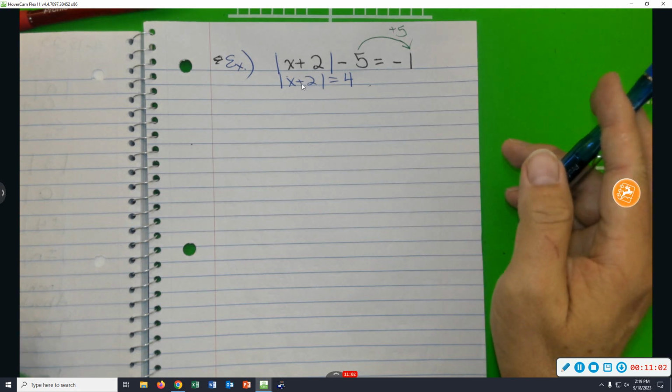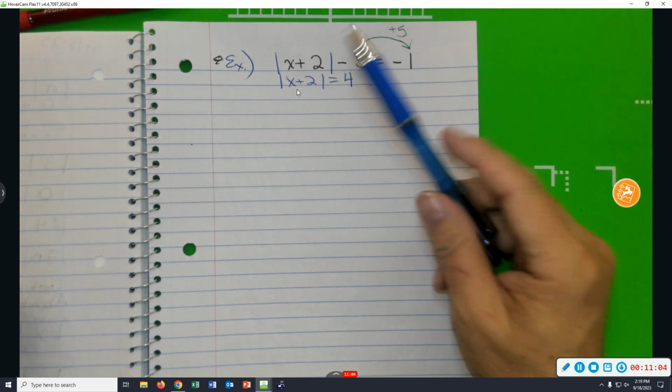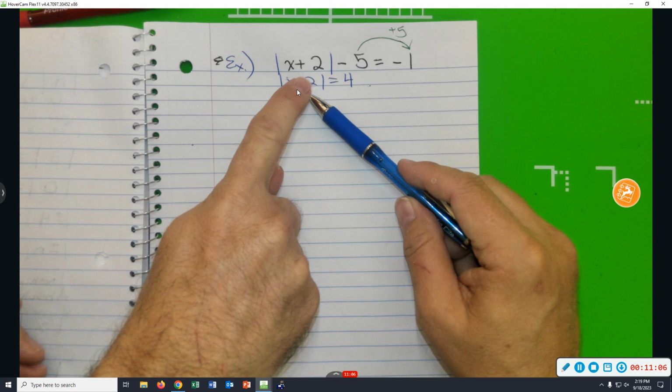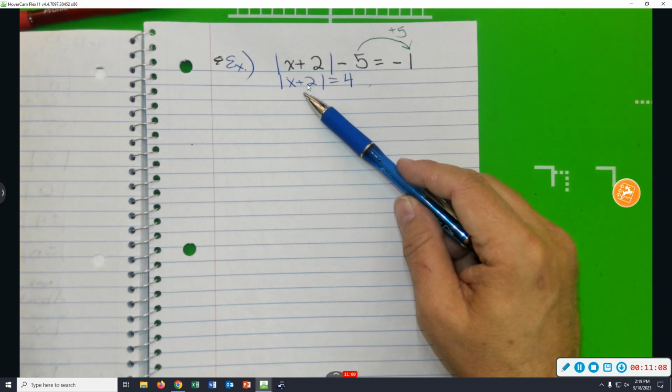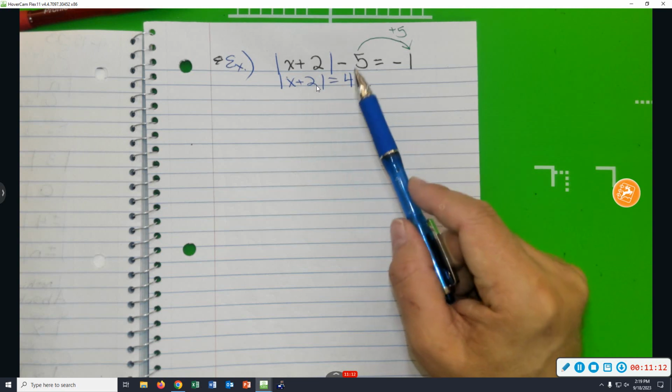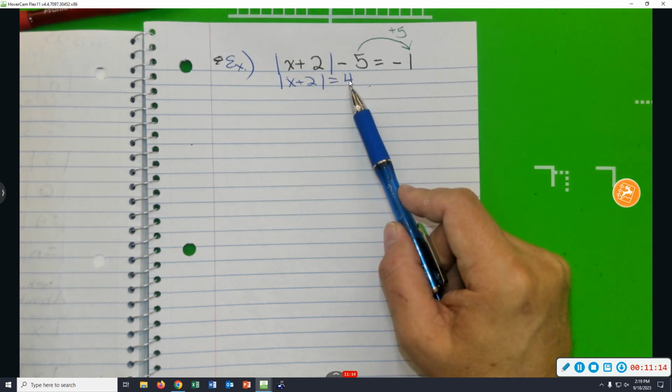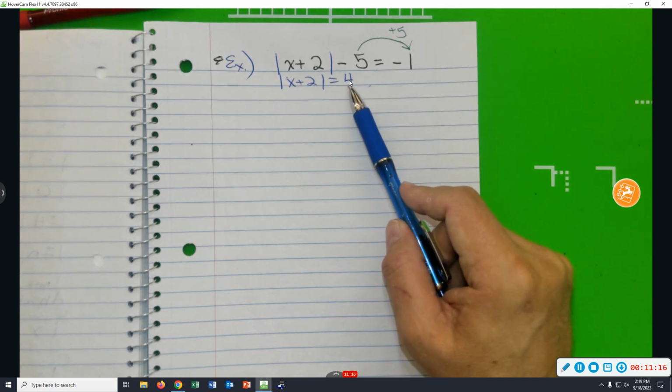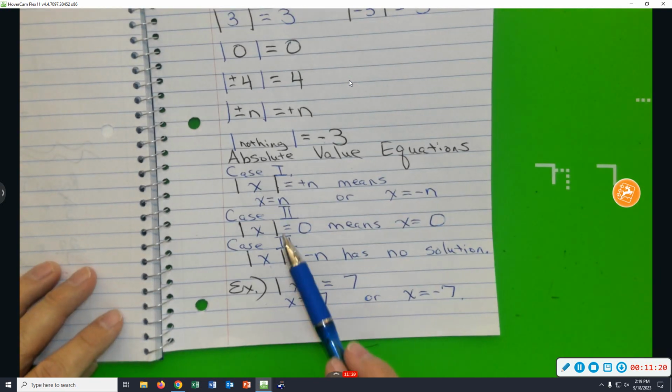Now you can look and decide which case you have. You have to have the absolute value by itself on one side. Then you look at the number on the other side. Which case do we have of the 3 possibilities? Case 1, case 2, or case 3?